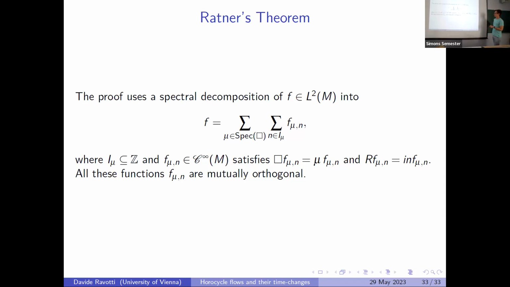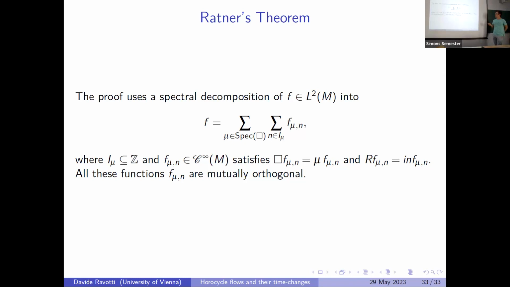All these functions are in L2, and they are eigenfunctions of the Casimir and of the vector field R, and they are all mutually orthogonal. So the theorem goes by proving the results for all pairs of functions of this type.